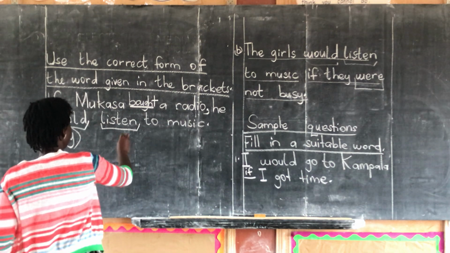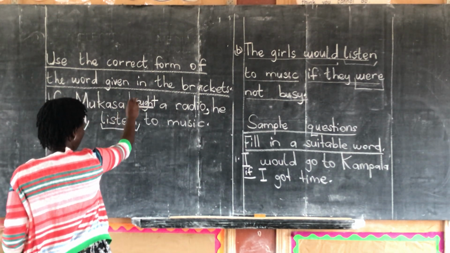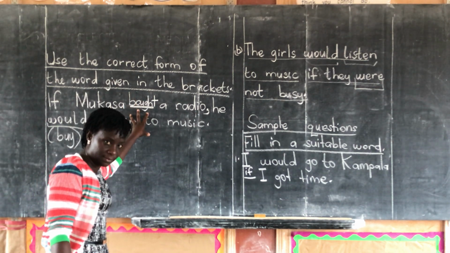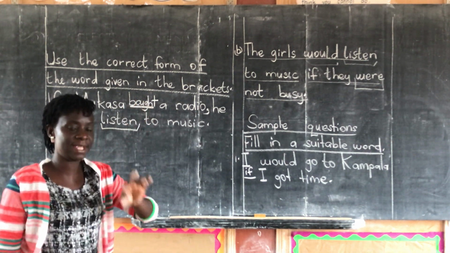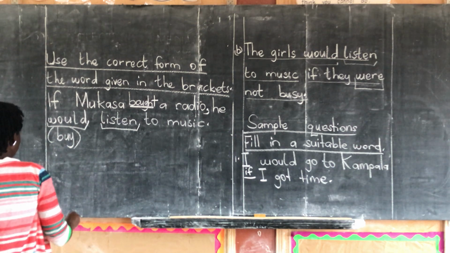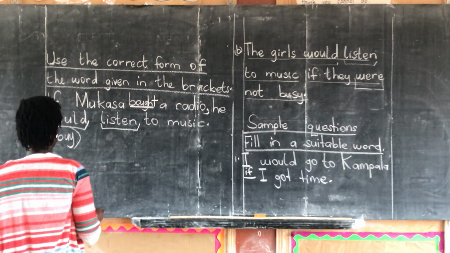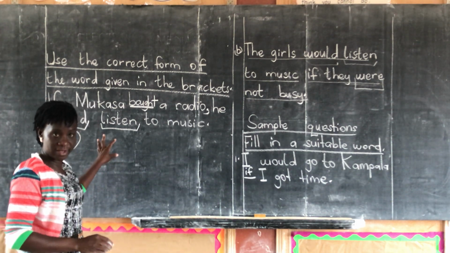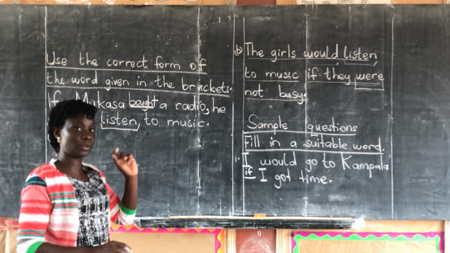So now, because of would and listen, our answer is bought. This is another way in which ifs can be tested. We are looking at the third way in which they can be tested, and after that we shall have a simple activity before we go to the use of unless.